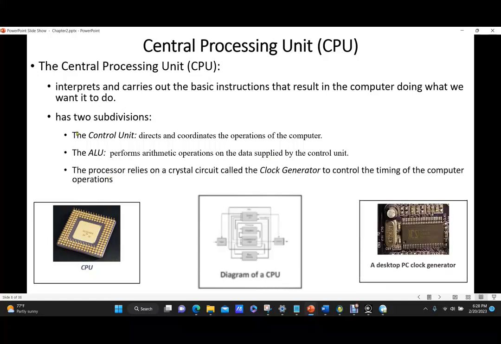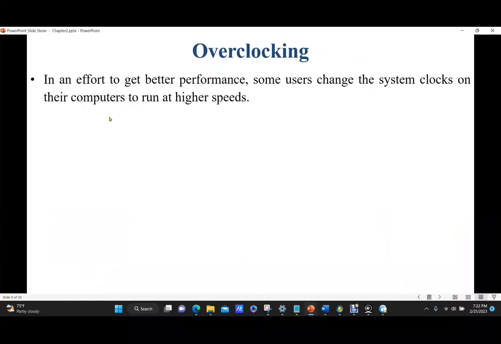The processor, CPU, relies on a crystal circuit called the clock generator to control timing of the computer operations. In an effort to get better performance, some users change the system clocks to run at higher speeds.